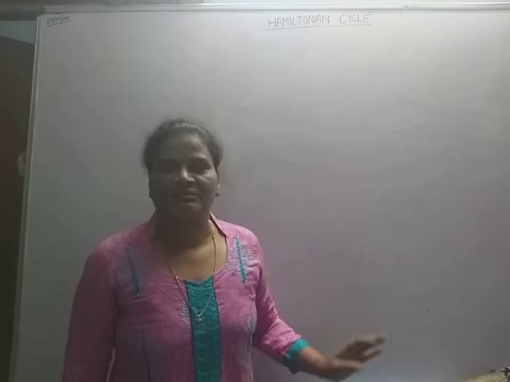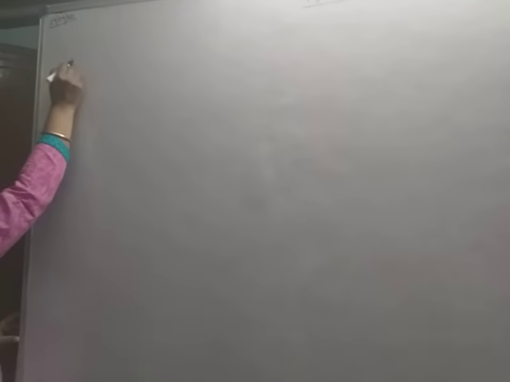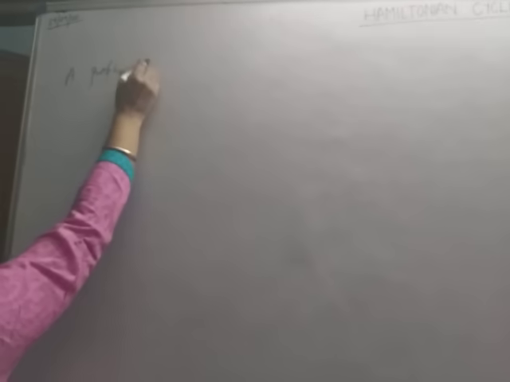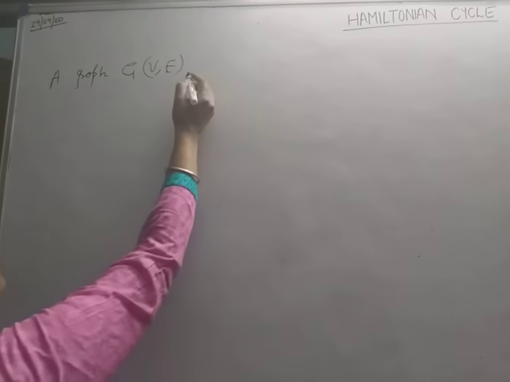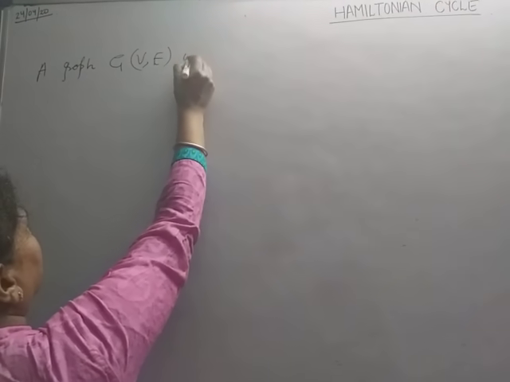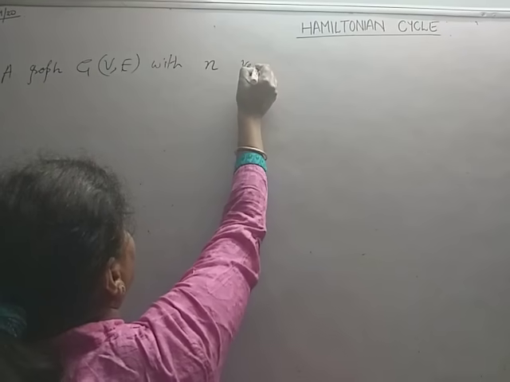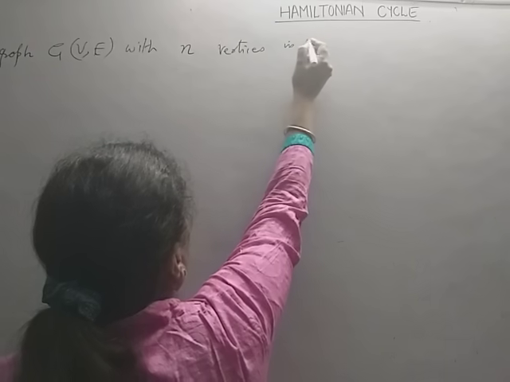So first I will give these definitions. Here, for all the definitions, a graph G(V, E) with n vertices is given.